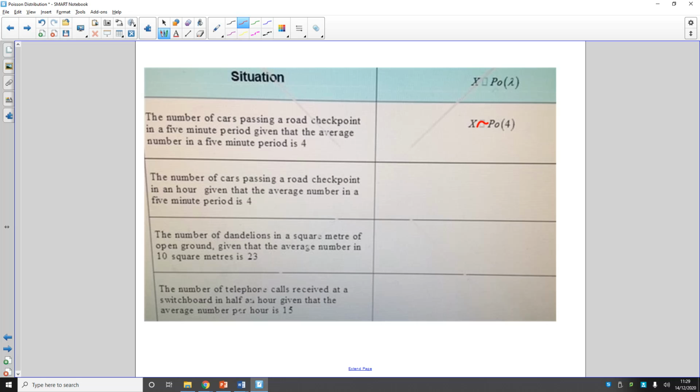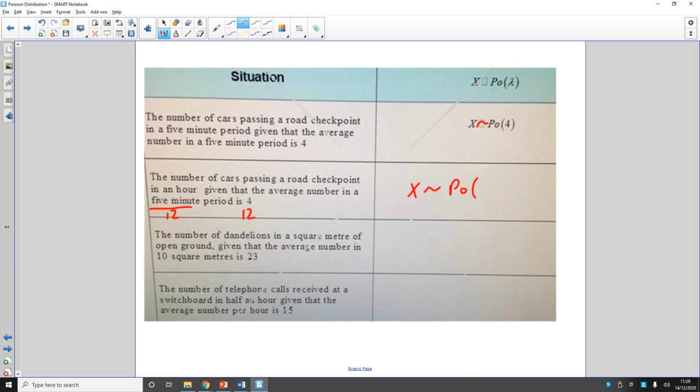We have to be careful though when we look at each of these situations and interpret the information that we're given, because the second example says: the number of cars passing a road checkpoint in an hour, given that the average number in a 5-minute period is 4. Given that there are 12 5-minute periods in an hour, we have to assume that there would be 12 lots of 4 cars passing that point.